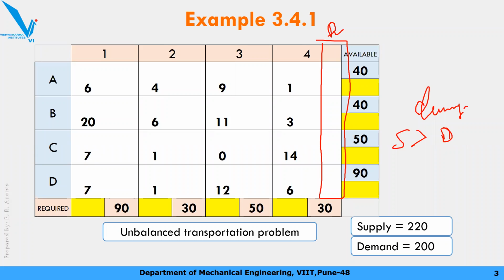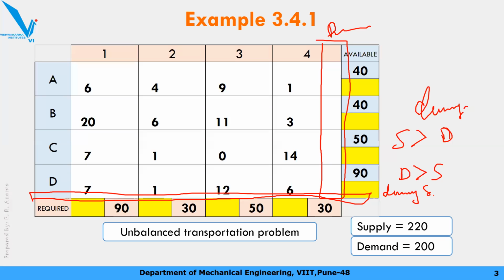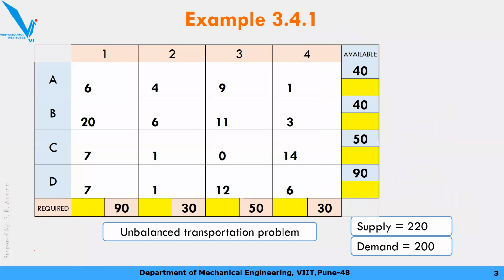If demand is greater than supply, then you will add a row here, because now the demand is large, we don't have that much supply, so we will create a dummy supply. Whatever the difference between supply and demand is, we prepare a dummy supply or demand of that amount. So based on which is more, add either a dummy column or a dummy row.